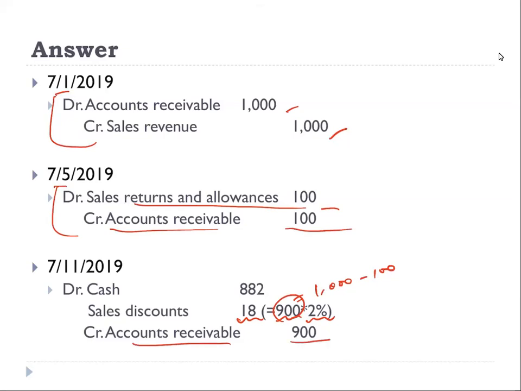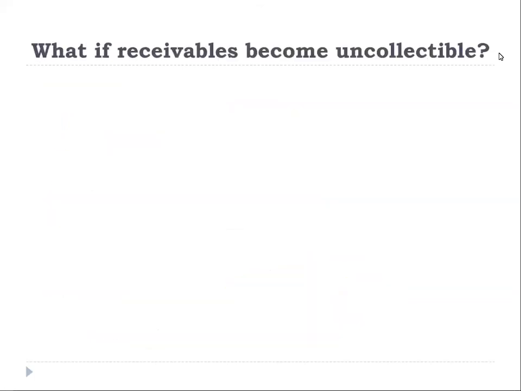The accounts receivable original balance was $900, and the actual cash received is $900 less the $18 discount, so that's 882. So we debit cash 882, debit sales discount for $18, and credit accounts receivable for 900. So this is the first example.